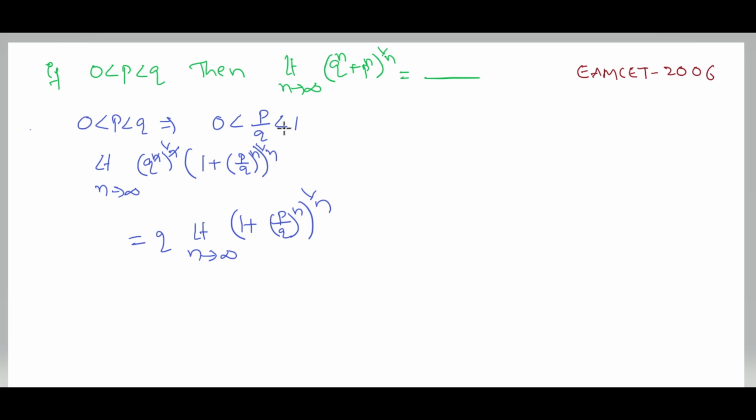Here p by q less than 1, that is (p by q) whole power infinity, that value tends to 0, that means limit n tends to infinity (p by q) whole to the power of n tends to 0, that is q into limit n tends to infinity (1 plus 0) whole power 1 by n, that value is 1, q into 1 is equal to q.